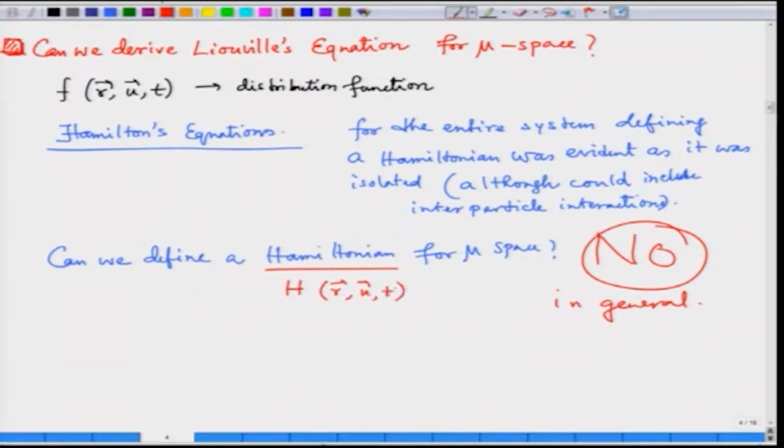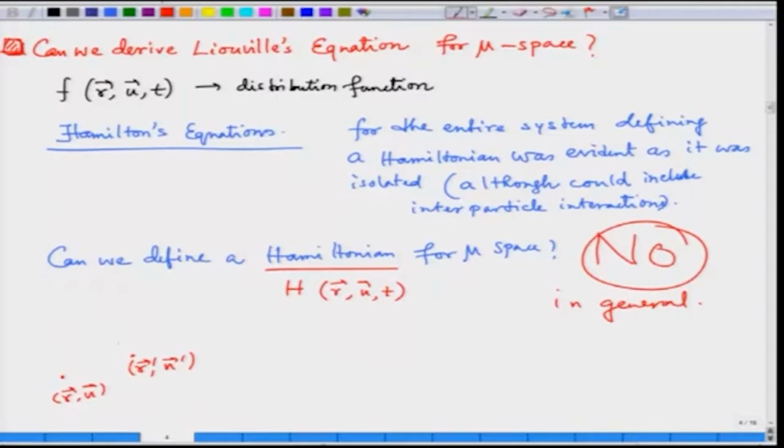So, can we have some good news using some assumption? Now try to think of a particle at r and u interacting with another particle at r prime and u prime. Those two particles are interacting with each other.